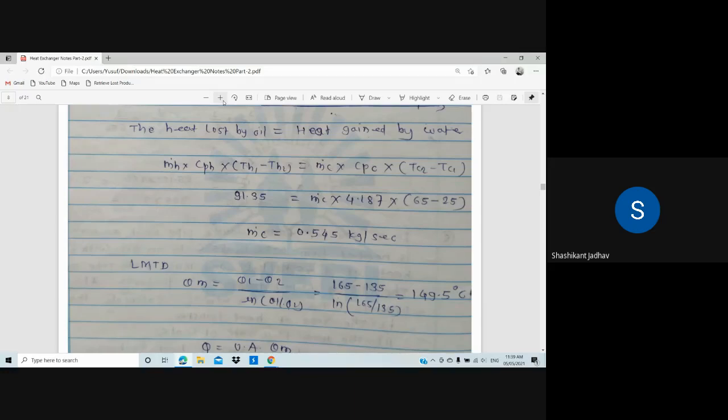So 165 minus 135 divided by ln of 165 divided by 135. From that we get the value of LMTD, which is 149.5 degrees Celsius.